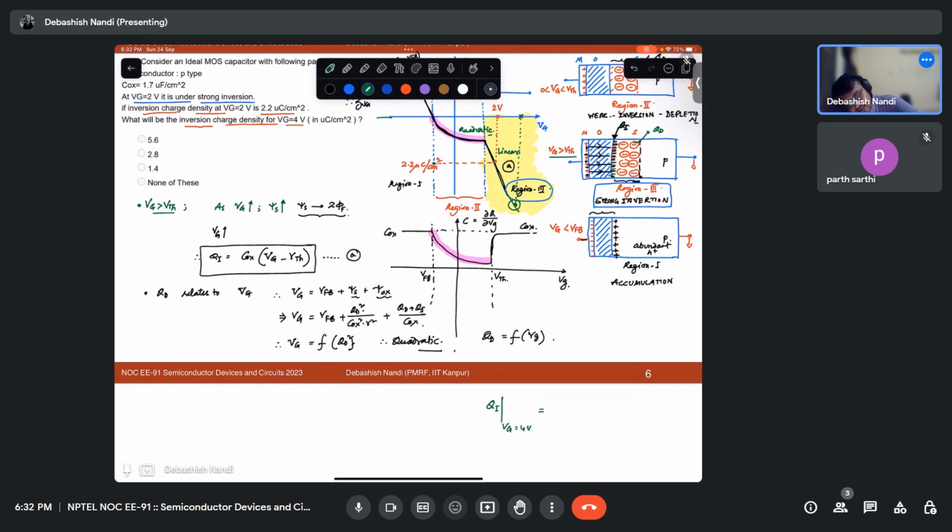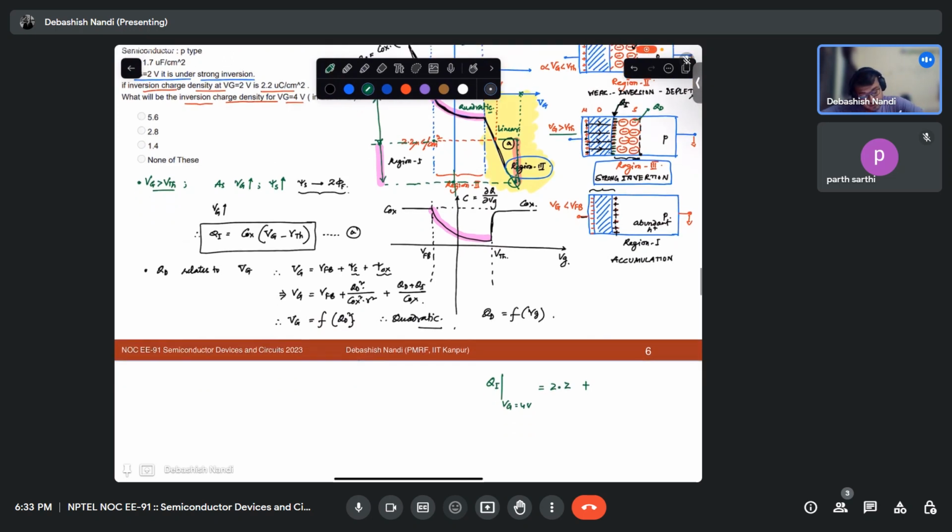This entire height I can break into this much, which I know, 2.2, plus I need to find out this remaining height. And that I can easily find out from this.